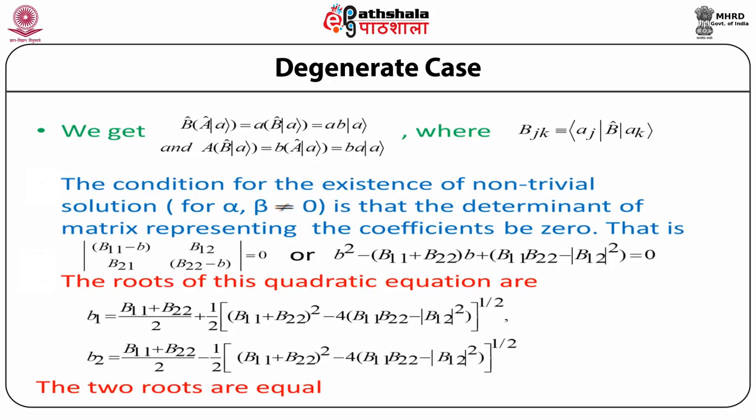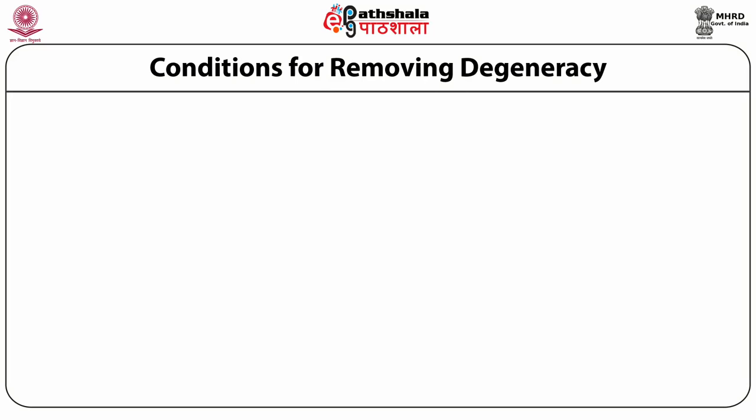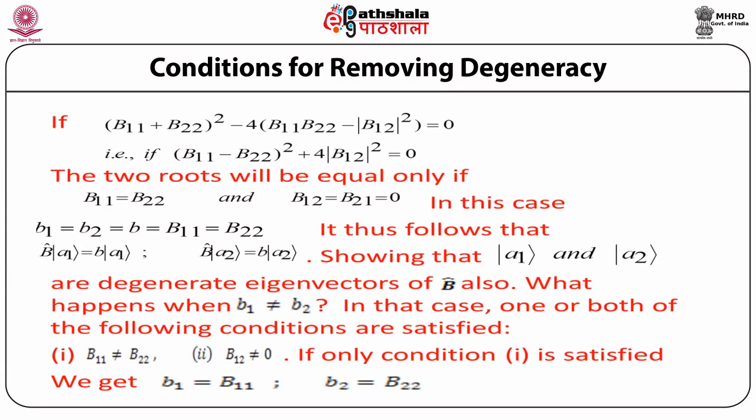Conditions for removing degeneracy. Now, if we look at the two roots of the quadratic equation as written above, we see that the two roots are equal if (B11 plus B22) whole square minus 4 times (B11 B22 minus mod square B12) is equal to 0.